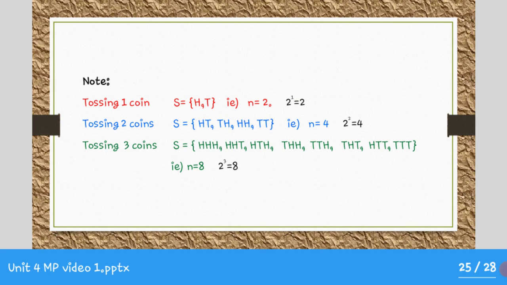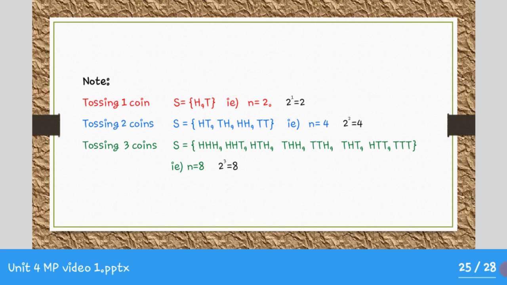Next one is a note. This is very useful to find the sample space and exhaustive events as a result of tossing coins. First, tossing one coin, we get the sample space head and tail, that is, our exhaustive event is 2. Here 2 power 1: 2 means 2 faces of the coin and 1 means tossing a single coin. We get 2 sample outcomes. Tossing 2 coins, we have the sample space head tail, tail head, head head, tail tail.